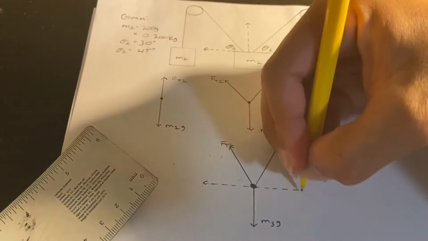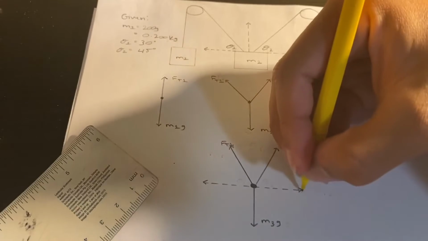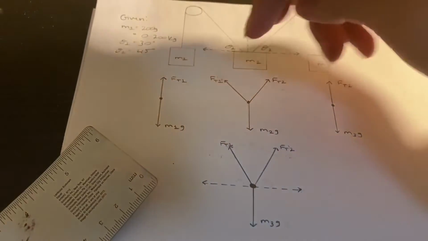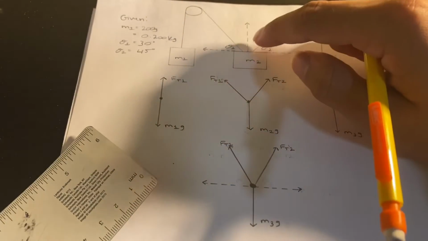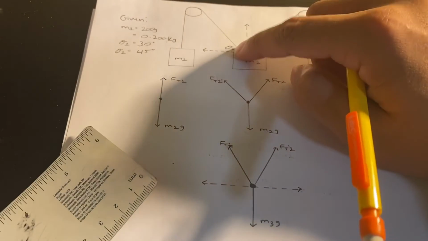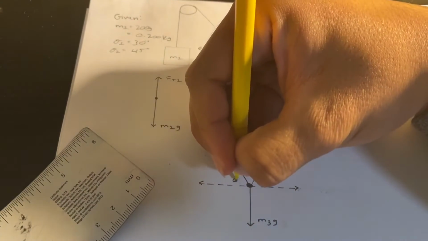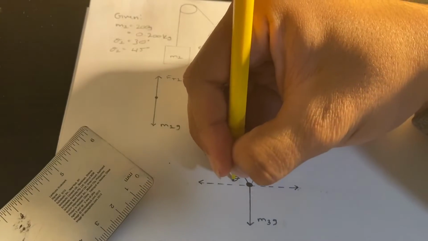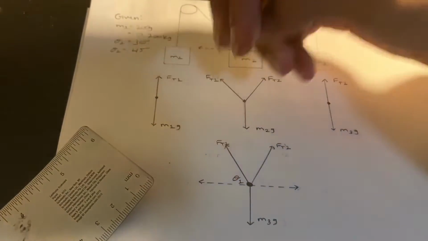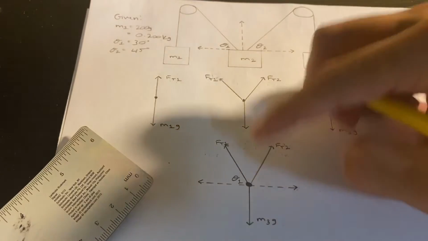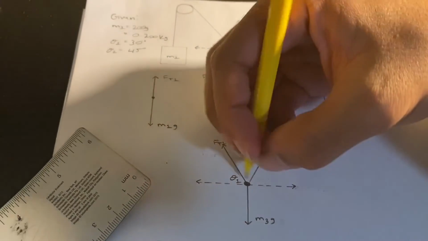And we will label the angle as well. The angle here will be theta 1 as shown in our diagram, and the angle here will be theta 2 as shown in our diagram.